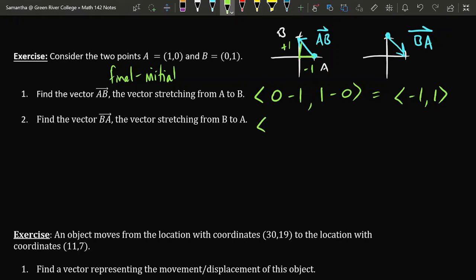This time the final position are given by the outputs of A, and the initial position are given by the outputs of B. So for this problem we would get the answer +1, -1, which again completely makes sense based on the sketch. To get from B to A, I would have to go to the right by 1 unit and down by 1 unit.